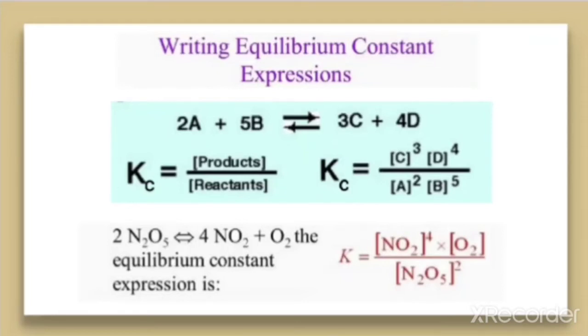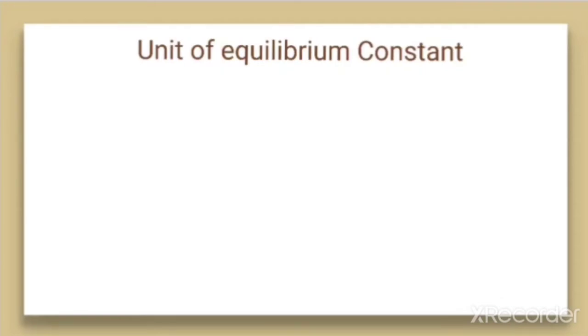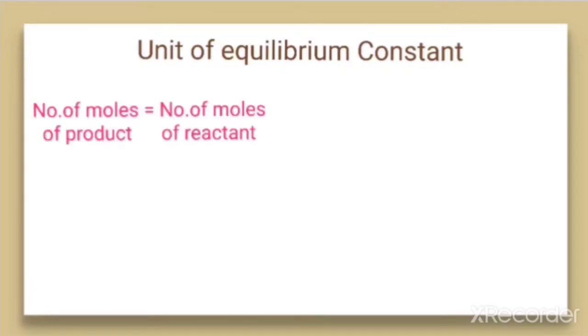Now let us discuss the unit for equilibrium constant. What will be the unit? If the equilibrium reaction is one in which the total number of moles of product is equal to the total number of moles of reactant, like the case of the equation A plus B giving rise to C plus D, that means 2 moles of reactant and 2 moles of product, equal moles of reactant and product.